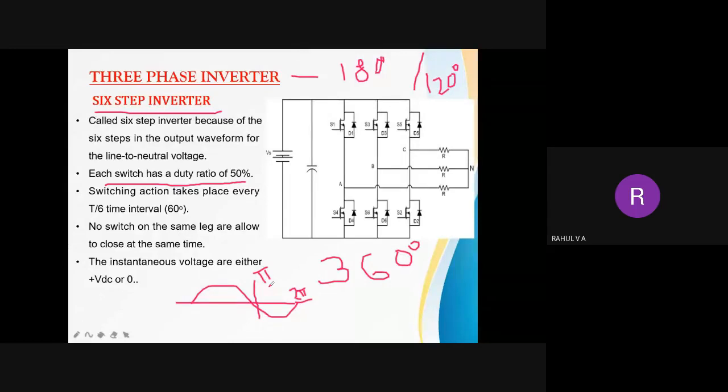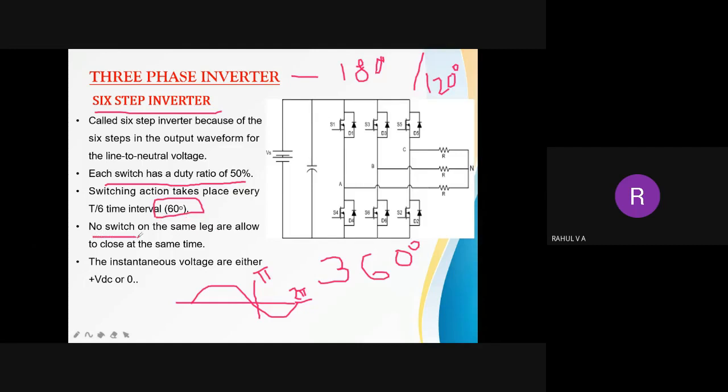That is, if the total time period is 2 pi, the on time is pi. In each switching action there will be a different combination because there are 6 switches. Each combination or switching action takes place every 60 degrees. So at every 60 degrees, we change the combination of on switches and off switches.